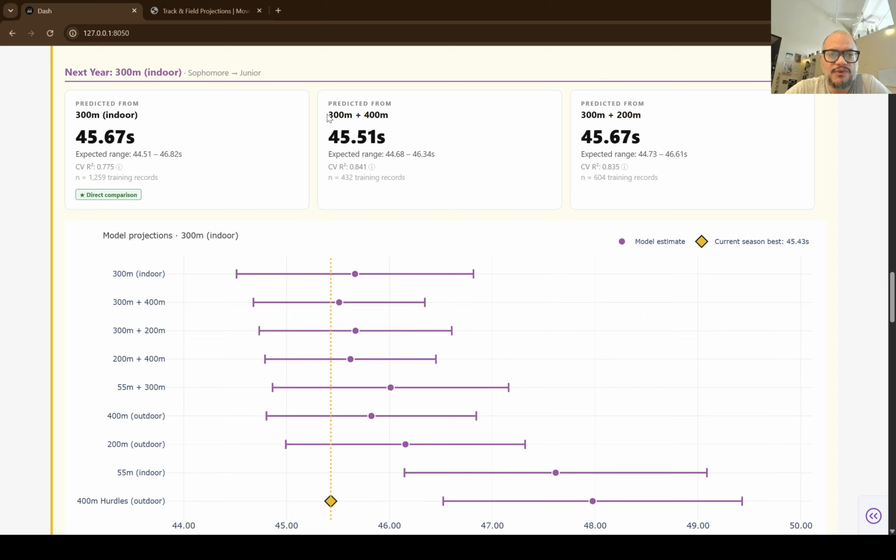A little less so, when you look at adding the 300 and the 400 together, there are fewer people who have run this much. So it looks at 432 athletes. We get a little faster projection, but still about the same, and similar when we look at the 300 plus 200. This is something that happens commonly where athletes don't perform as well. It is harder to improve year after year.